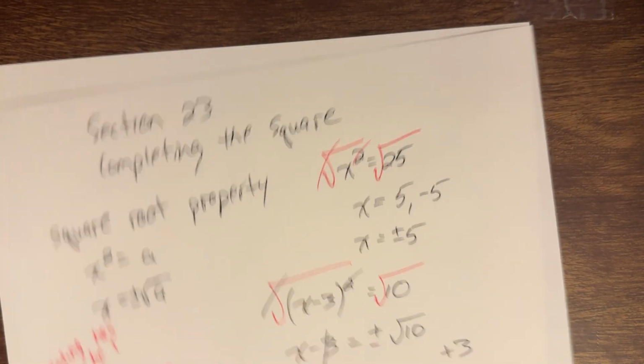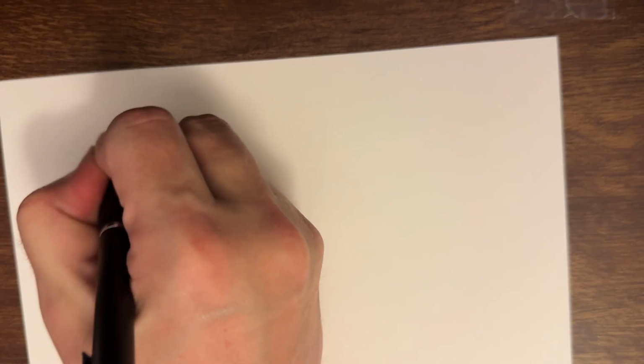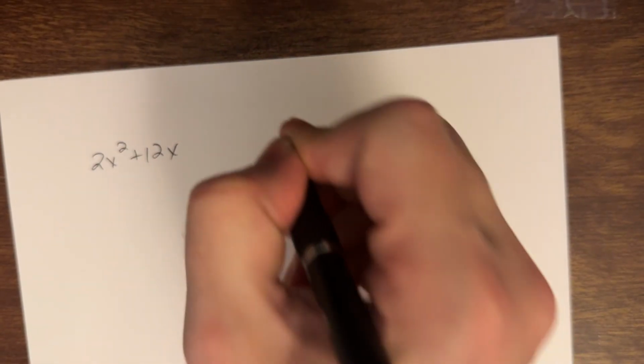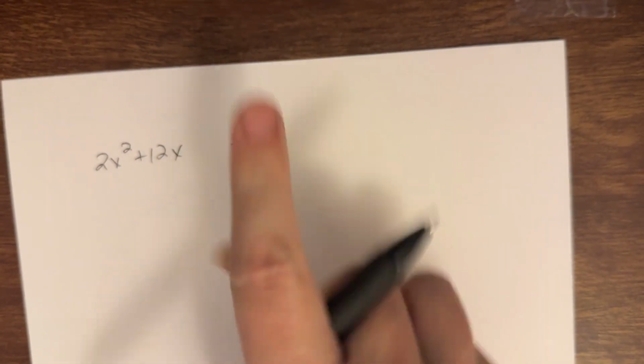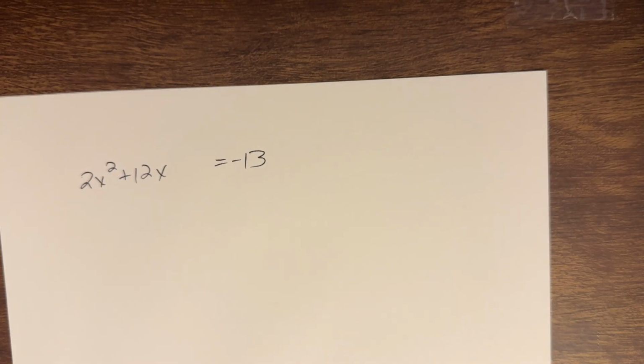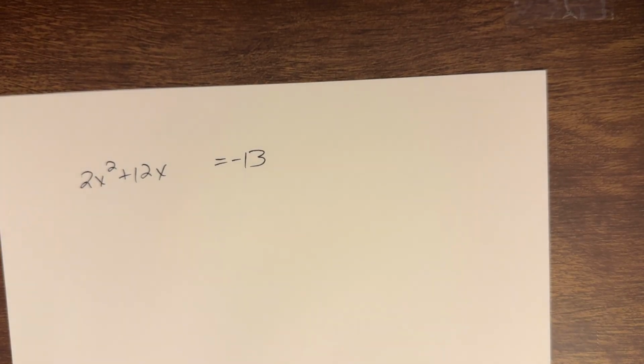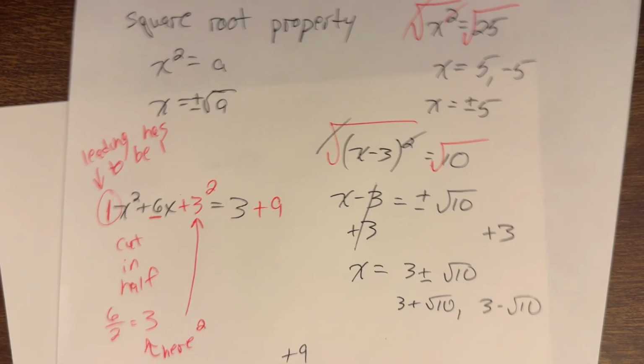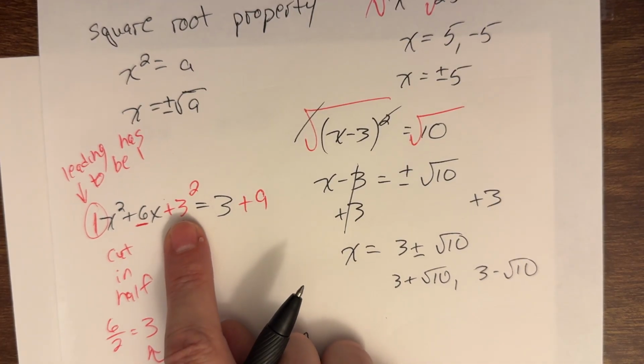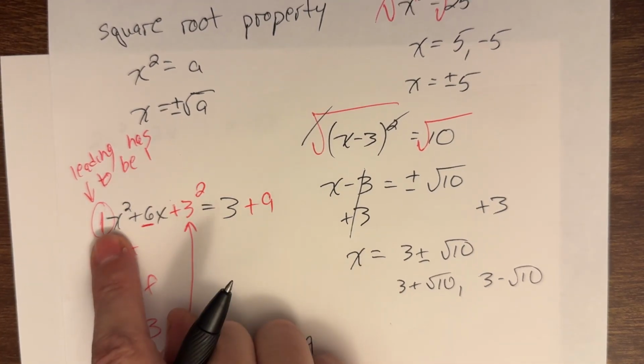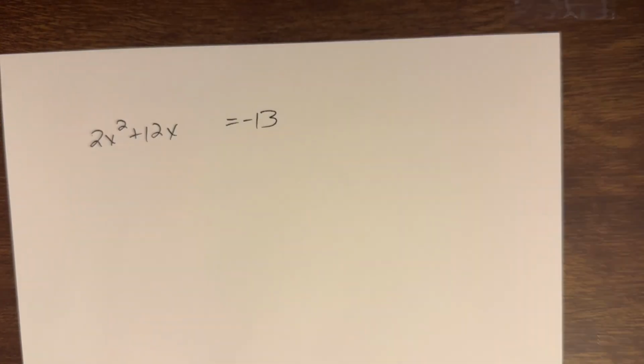And now let's look at another one. Now let's look at 2x squared plus 12x equals negative 13. When I described that completing the square process, we mentioned the first thing, the leading term has to have a 1.